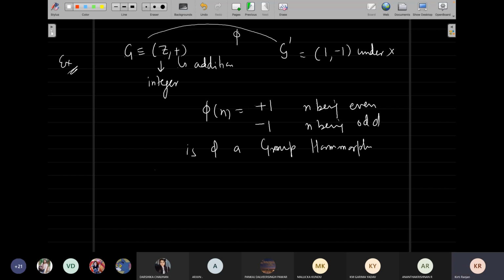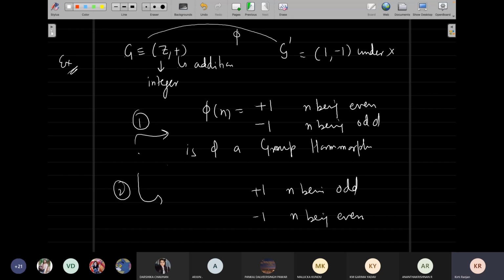And those of you who are thinking this may be a group homomorphism can think about doing something else also: the opposite, plus 1 if n is odd, and minus 1 if n is even. They can even take this second example also. Do that, and tomorrow we will discuss it. Fine. It's already beyond 3, and you must be exhausted by this time.